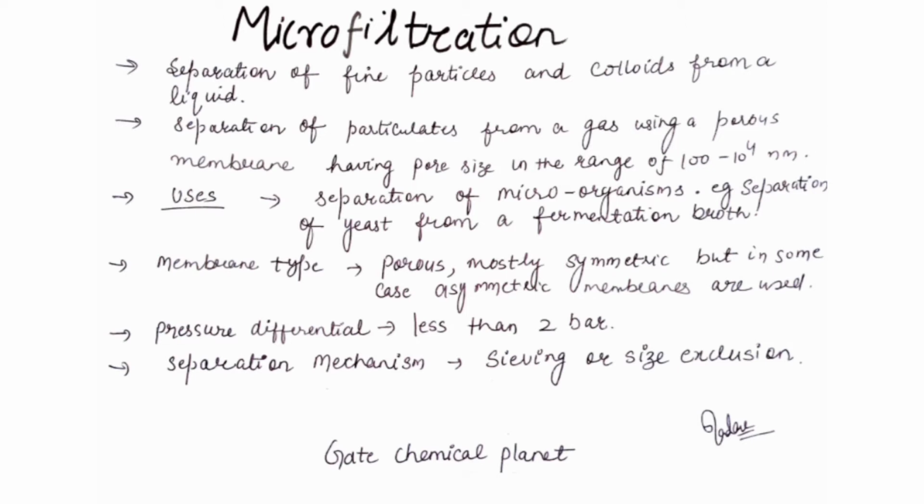So here these are the uses of microfiltration. Basically students, these are the traditional uses of microfiltration. In later slides, we will discuss the commercial applications of the microfiltration process also. So here, the separation of microorganisms, for example the separation of yeast from the fermentation broth, is an example of the microfiltration process.